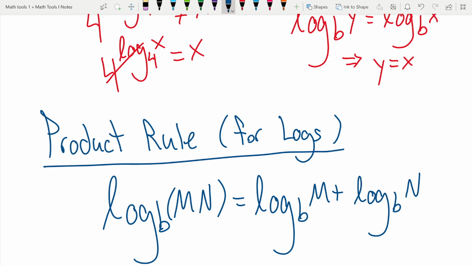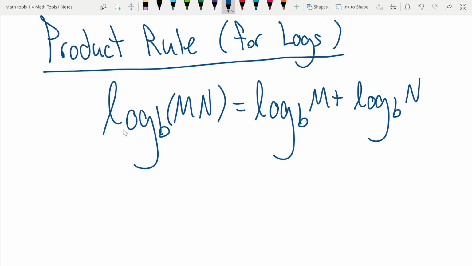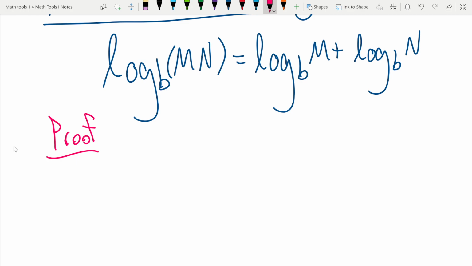Okay. So I'll just do a quick proof just to show that these are true. Of course, we're mostly concerned about using it rather than proving it right now, but I think it's helpful just to see where these things come from.